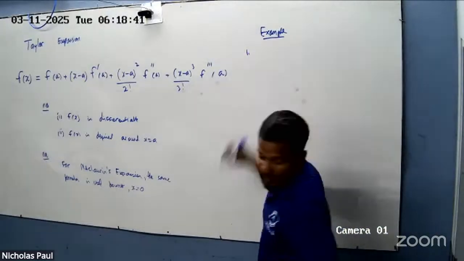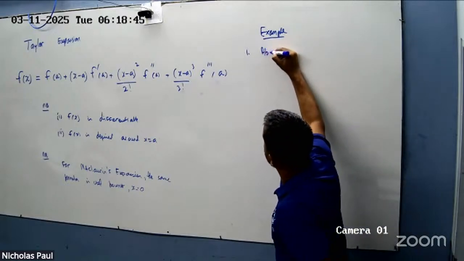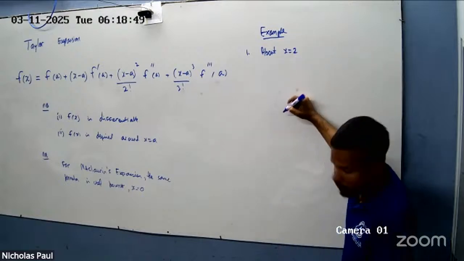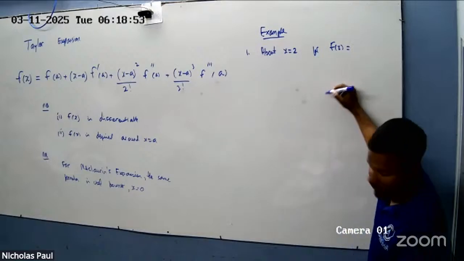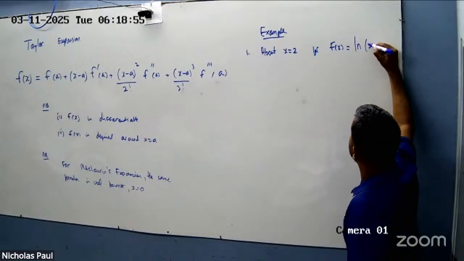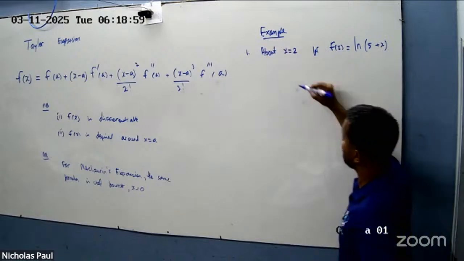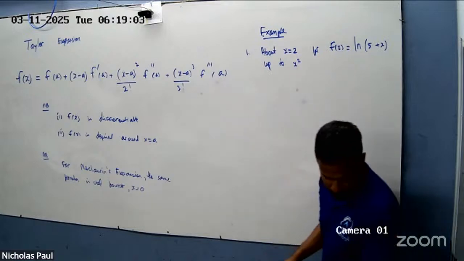Find the Taylor expansion about x equal to 2 for f of x equal to ln of 5 plus x. If we're not going far, let's go up to x squared.